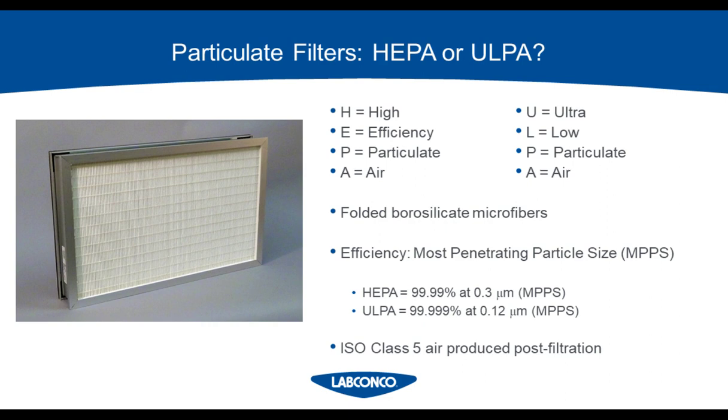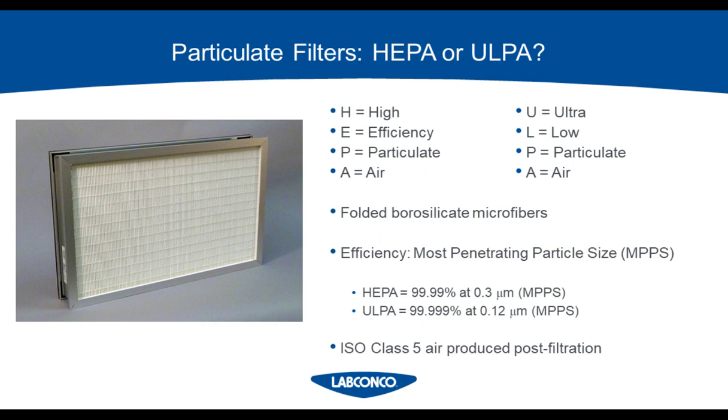A HEPA filter rated for 99.99% efficiency has that efficiency for particles that are 0.3 micron in size. ULPA filters are more efficient, and that's measured at 0.12 microns. Those are the particles that are most effective at getting through a filter bed media.